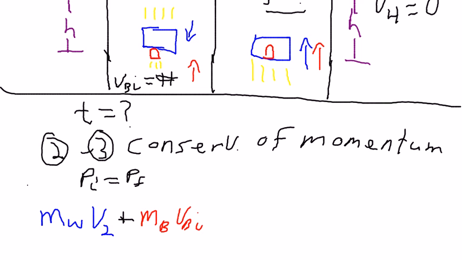That's your total initial momentum, and that is going to be equal to the final momentum, when the two stick together. So it's going to be the mass of the wood plus the mass of the bullet, multiplied by their combined velocity v3 when the two of them stick together.